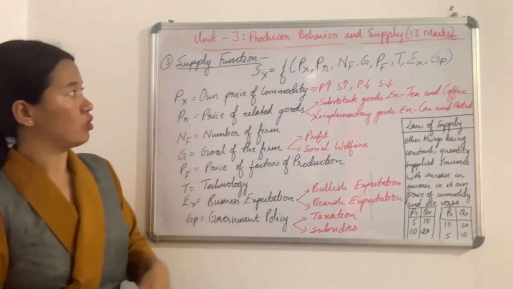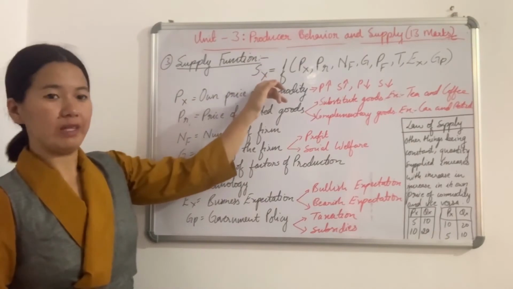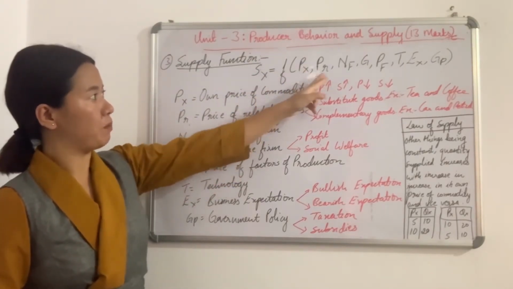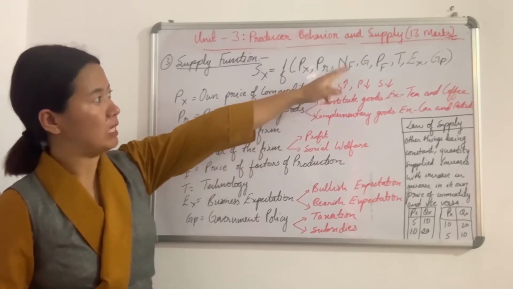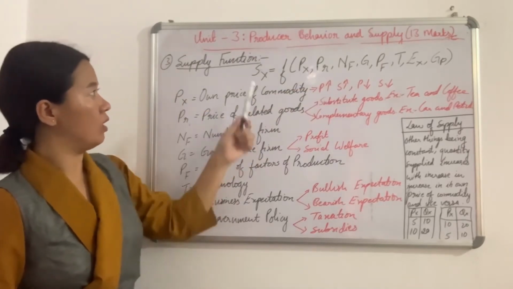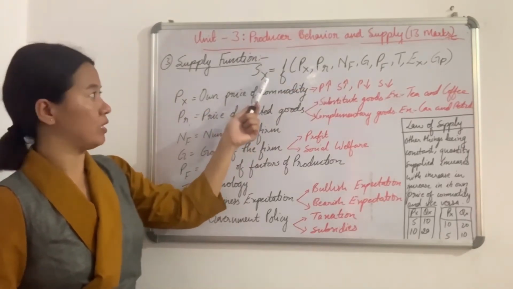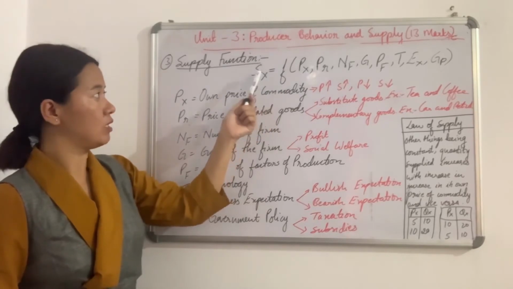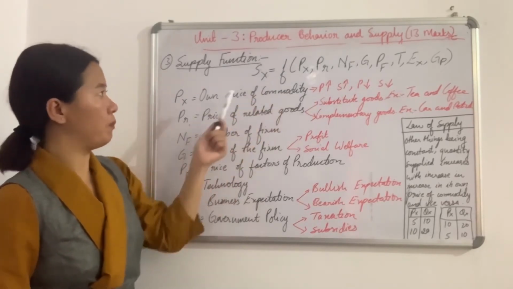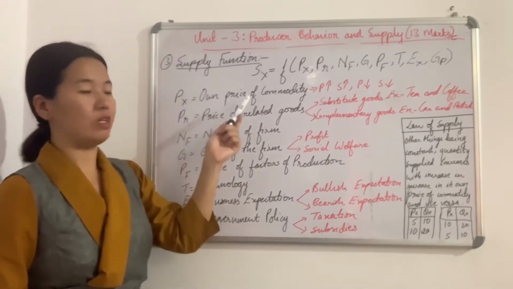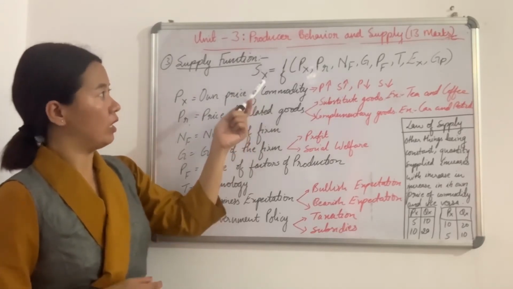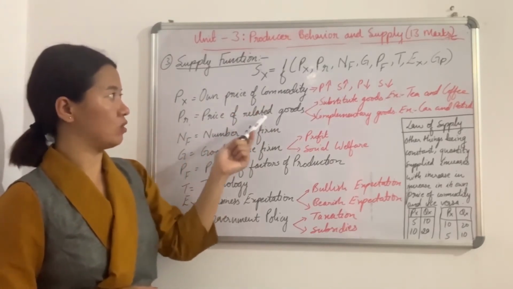So the supply function is S of X, that is supply of good X. It depends upon Px, Pr, Nf, G, Pf, T, EX, and GP. So S of X is the supply of good X. F refers to function. Supply of good X is equal to a function of PX, which refers to the own price of a commodity, that is the price of that commodity, and PR, the price of related goods.